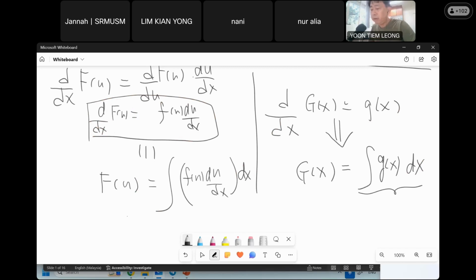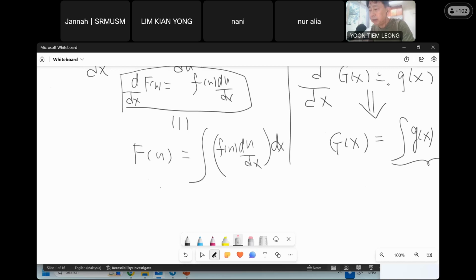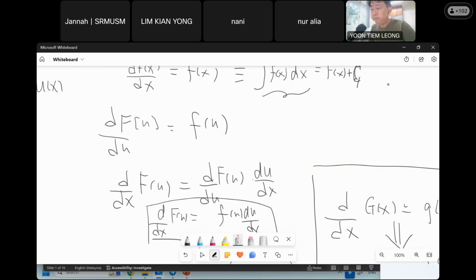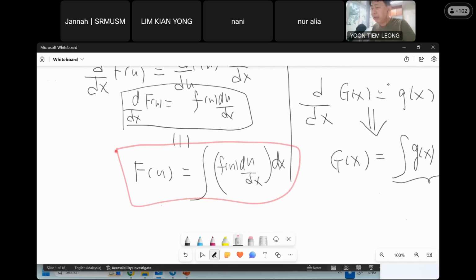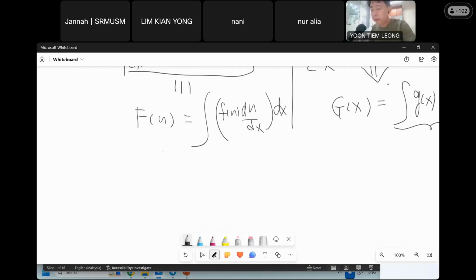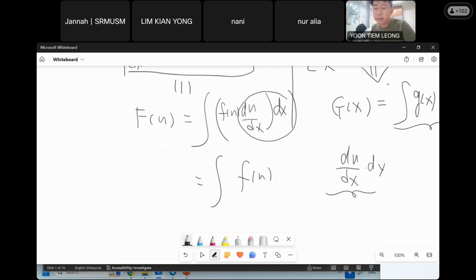So I hope that I have convinced you that I arrived at this relationship from the fact that dF/du of F of u equals f of u, now translated into this form. I'm going to further do this. So this is f of u, and then I have a product of du/dx and dx. And what is this? This is actually the definition of the differential.